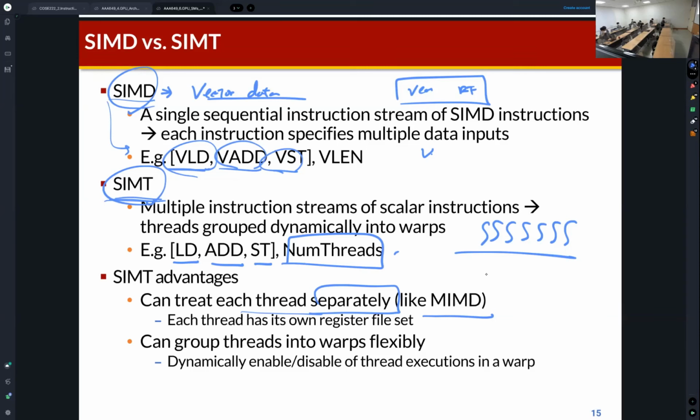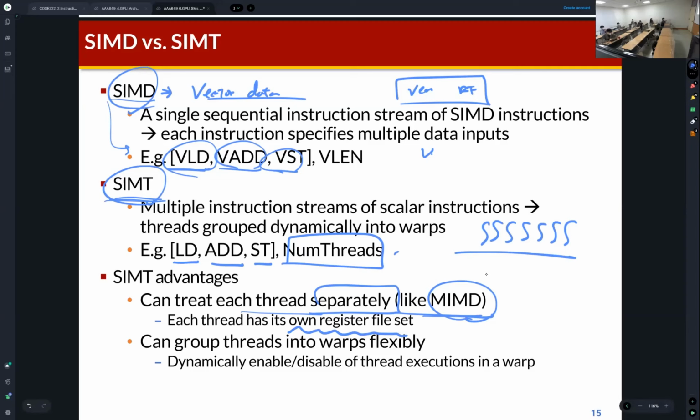They advertise that the NVIDIA GPU is better than the CPU, but it's not true. It's just an illusion. The software engineer thinks that these threads can be executed separately, but it's not true.